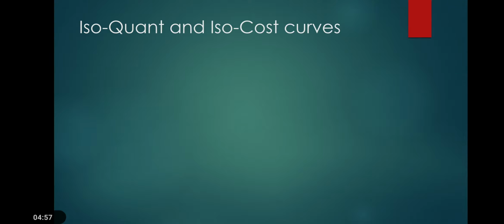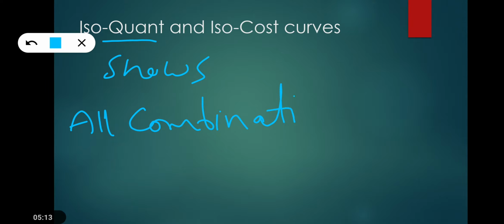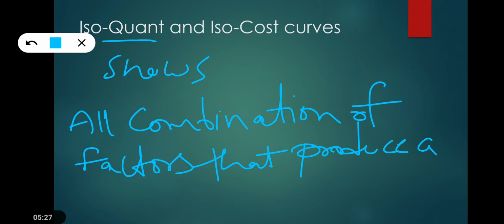An isoquant shows all combinations of factors. An iso-product curve shows all combinations of factors of production that produce a certain output.